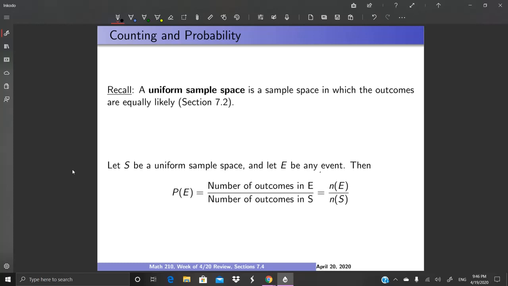When we see an example, hopefully it will make more sense, but really every problem just comes down to figuring out the number of elements in E, dividing that by the number of elements in the entire sample space. So let's look at an example like that.